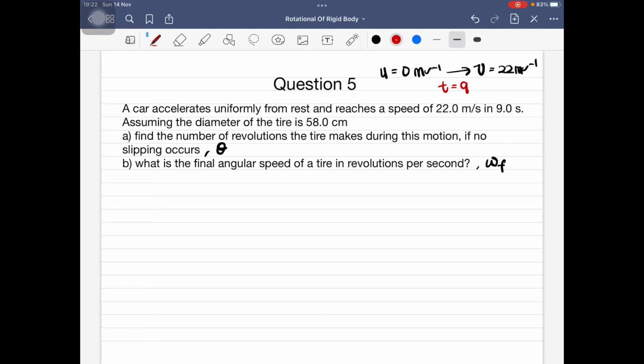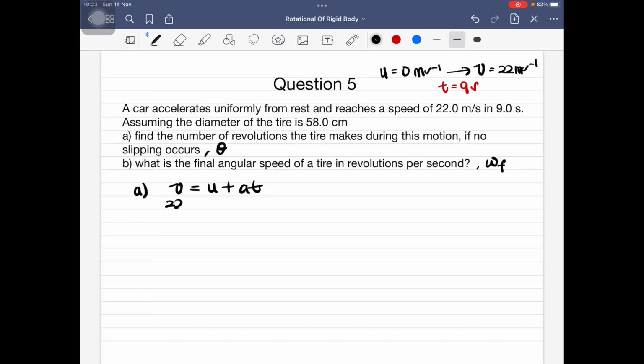Okay, so for question A, I'm going to use the info given, which are u, v and t, which means from there I can use the first equation of linear motion, which is v is equal to u plus at. The reason for that is because I want to find the acceleration first.